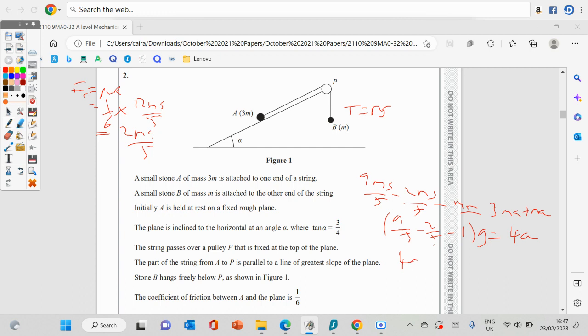That's going to give you 4a is 2g over 5, which means we're going to get a is 1/10 of g, as it wanted. Again, this little equation I formed here was the equation of motion for A initially, and then I've added B onto it. That's all I've done.